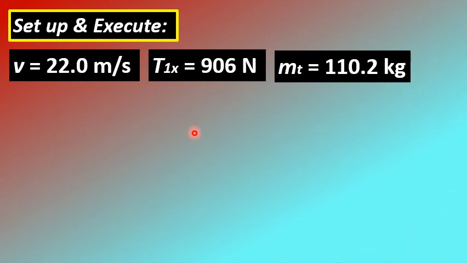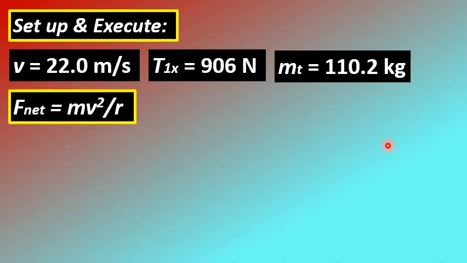Emphasizing the tangential speed v, the horizontal component of T sub 1, and the combined masses of the seat and the girl, we can now apply Newton's second law, or the law of acceleration, which says that the net force acting on the seat and the girl on the swing is just equal to the centripetal force, mv squared over r.